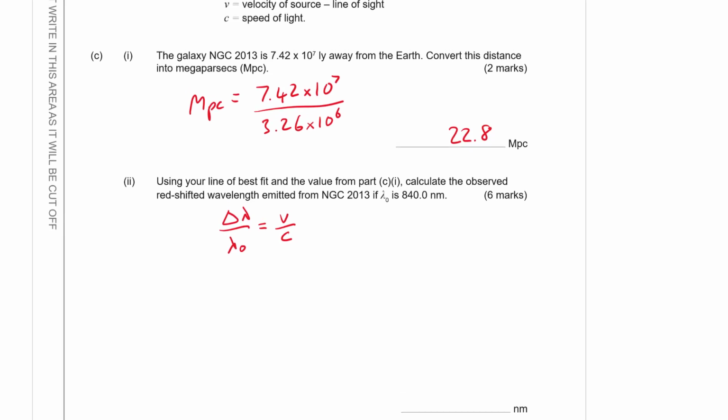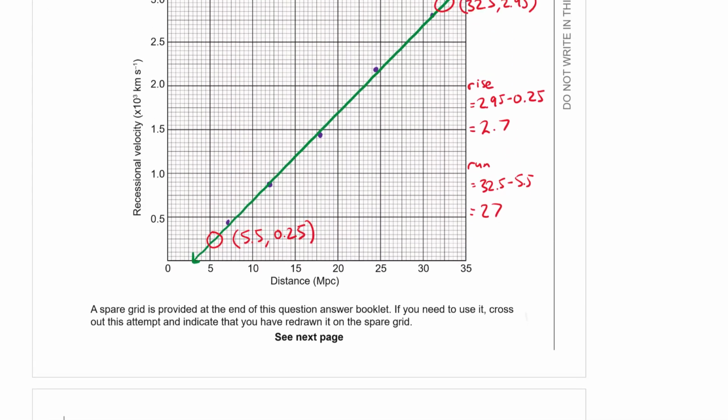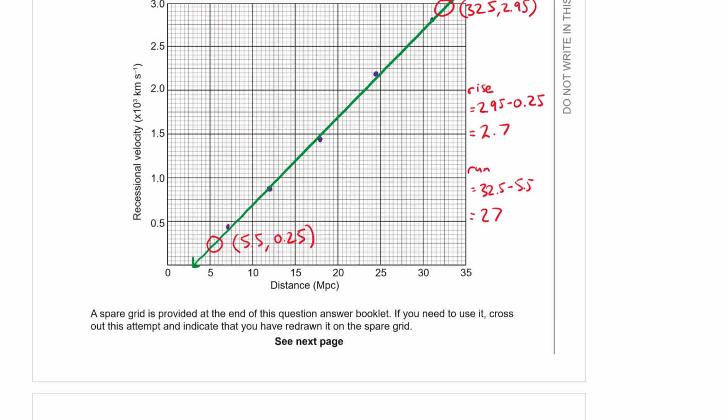So I'm going to go up and look for 22.8 megaparsecs. Okay, so 22.8 would probably be around here. I'm going to follow that up, and it hits about here on my line of best fit. So we're looking at around 2 times 10 to the 3 kilometers per second. So this is the value that it falls in.